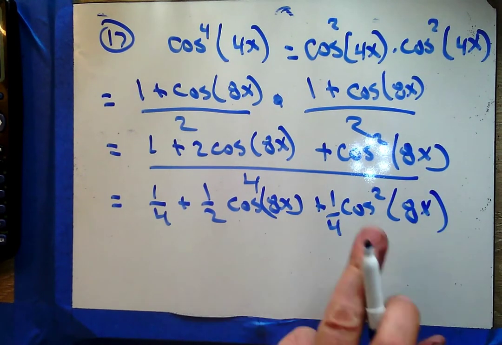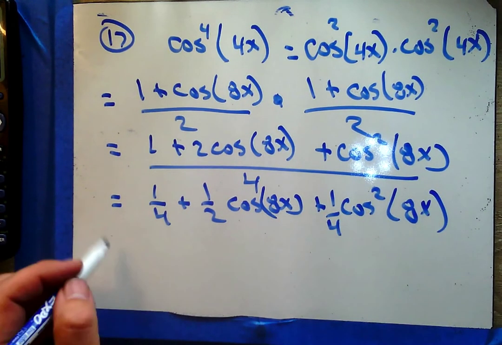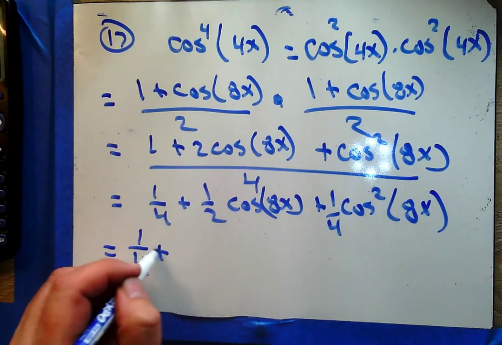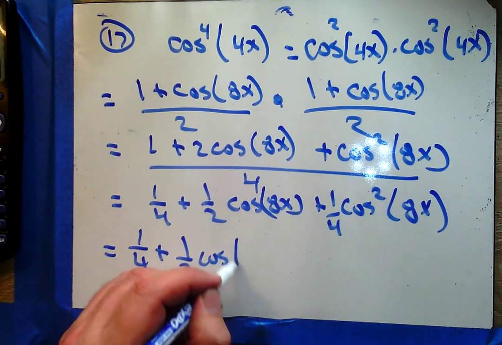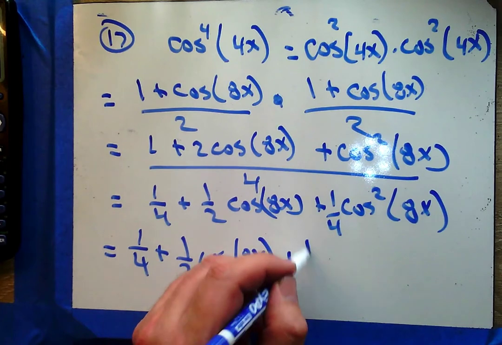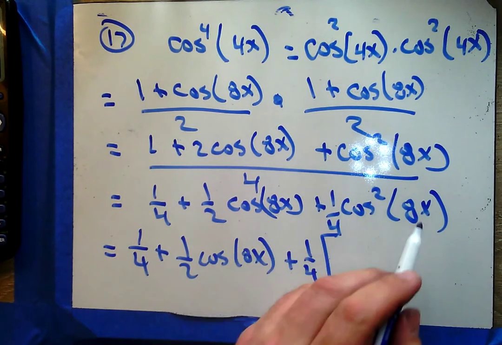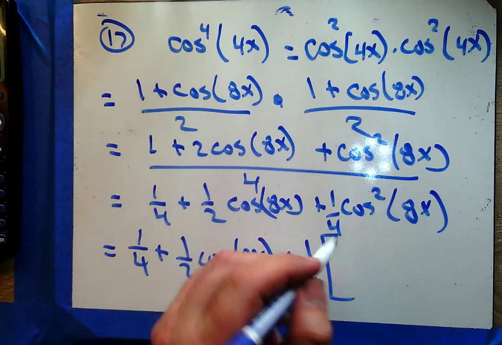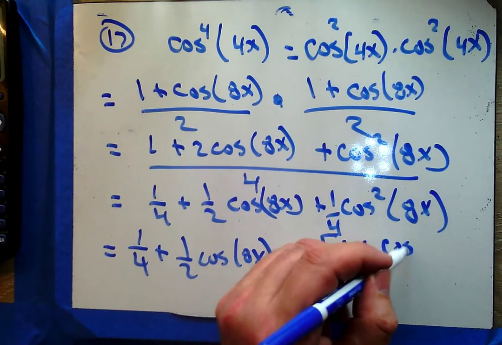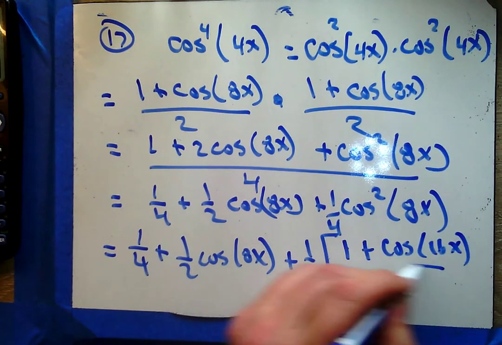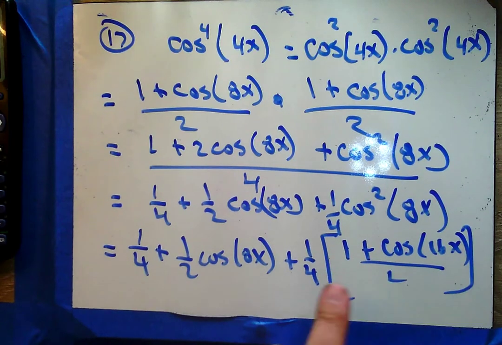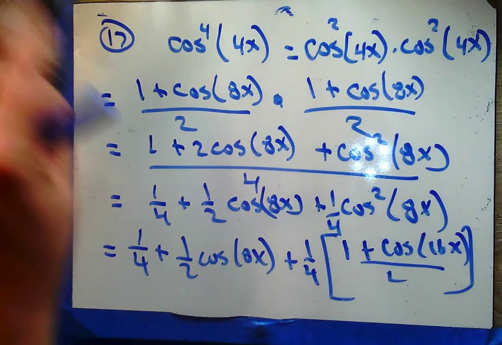I split that into 3 fractions. But then I see I have to do the power reducing identity one more time. So 1/4 plus 1/2 cosine 8x plus 1/4 times, what happens to this angle when I use the power reducing identity? It doubles, 16x over 2. I still need to split this into 2 fractions, and I need to distribute that 1/4.